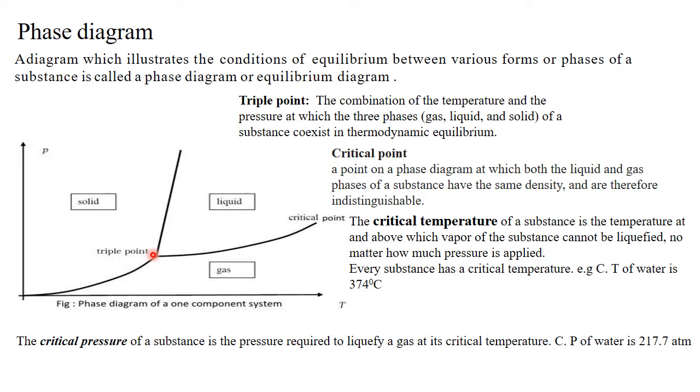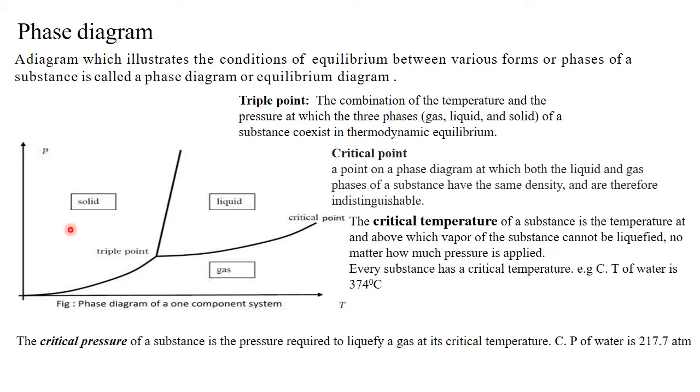Supercritical fluid is a state of matter in which the gaseous phase and liquid phase are indistinguishable. One cannot differentiate the liquid and gaseous phase beyond this point.